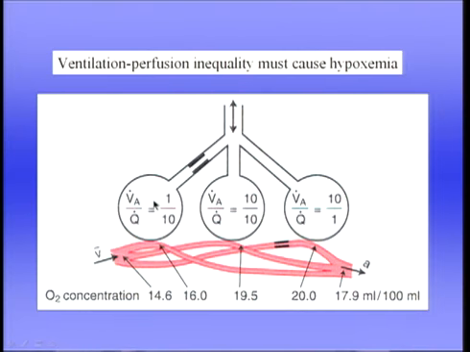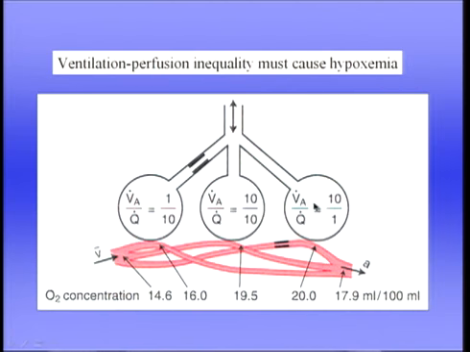Actually, it'll be very close to mixed venous blood, and therefore the blood draining from this unit has an oxygen concentration of only 16, okay? 16 mils per 100 mils coming from this lung unit. The mixed venous blood, by the way, is shown here as 14.6 mils per deciliter. So the low ventilation-perfusion ratio unit puts out blood with a low oxygen concentration.